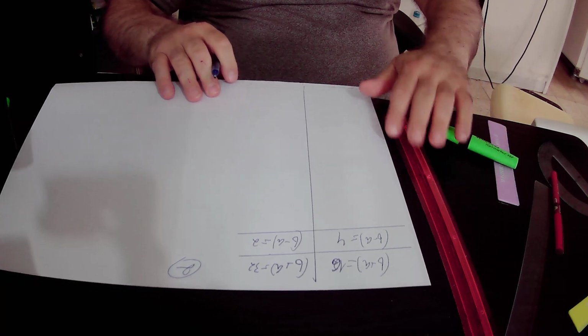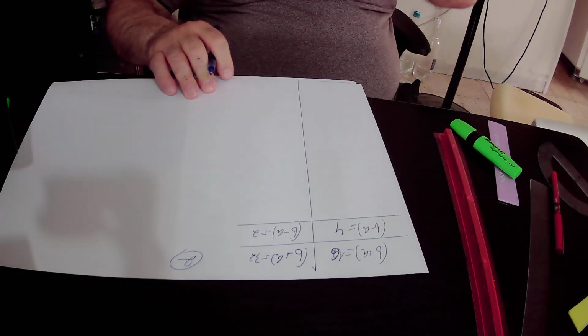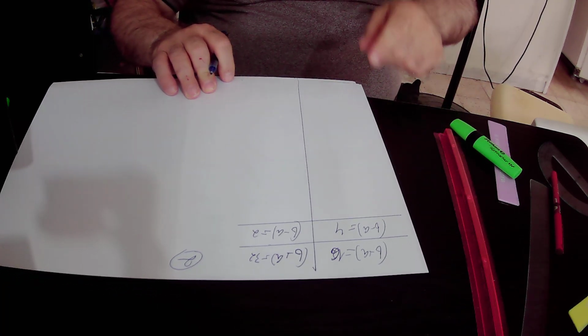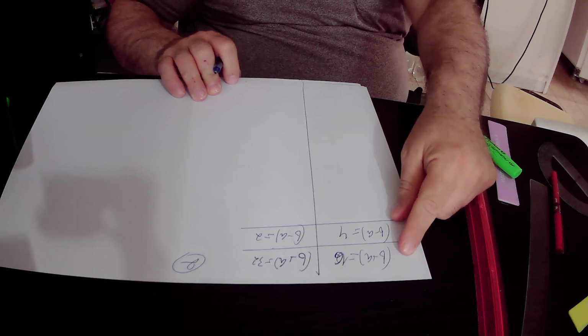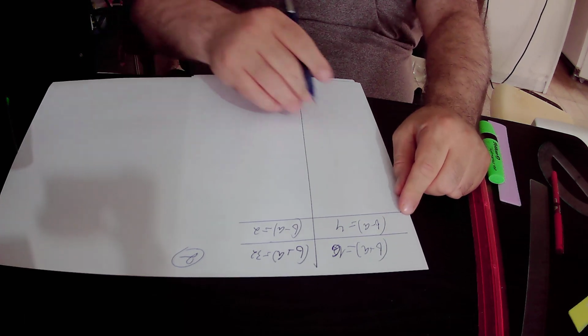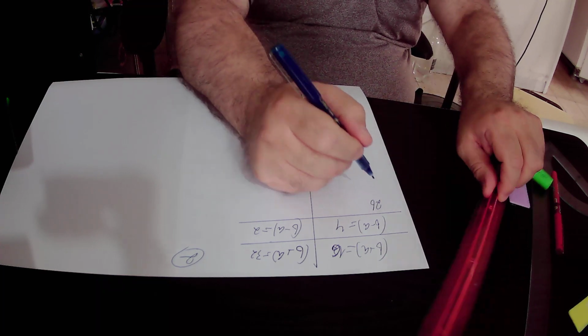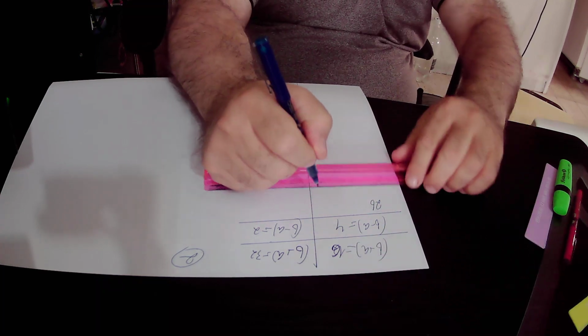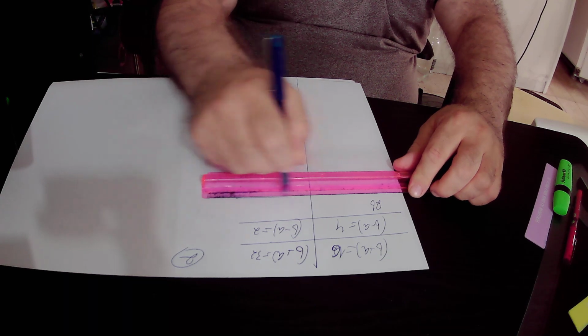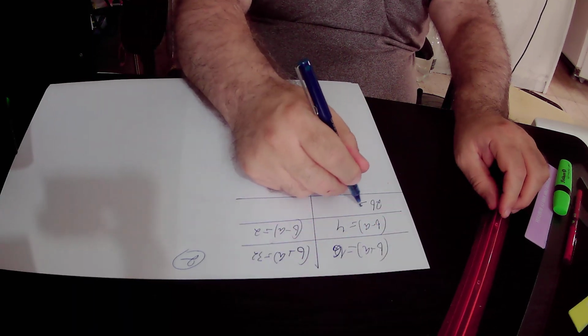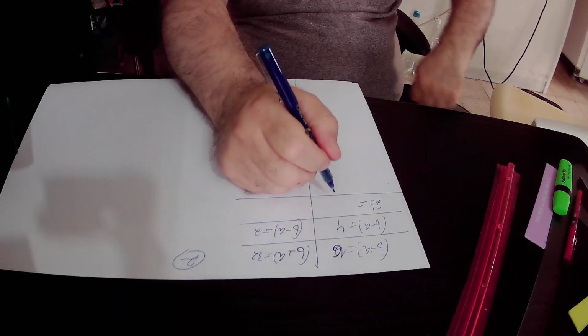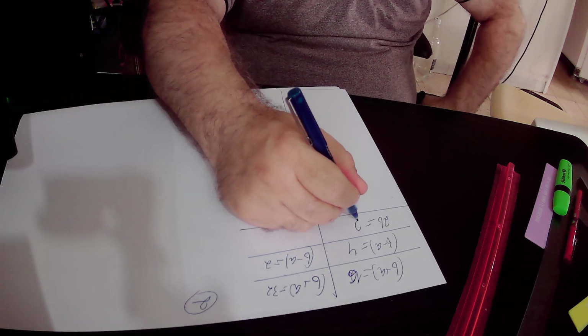So we'll focus on the first solution. Here we will add the two equations together. b plus b is 2b. And 16 plus 4 is 20.